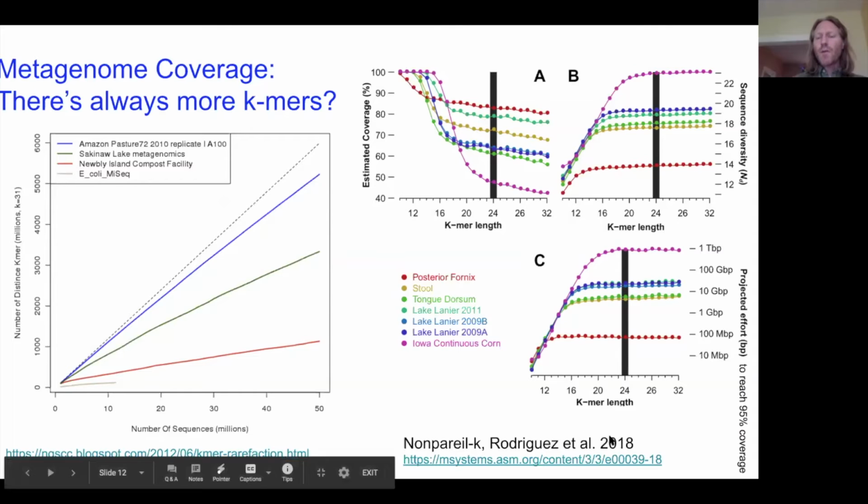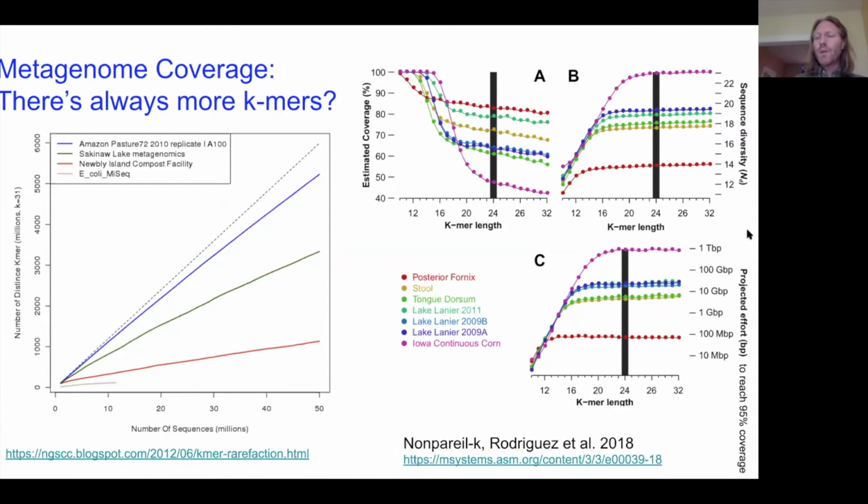And the paper on the right is from 2018, discussing a software program called Nonpareil, which looked at statistical analyses of metagenome coverage at different efforts, so at different sequencing amounts, and tried to predict from subsamples of that how much the total diversity in terms of k-mers was in these samples.